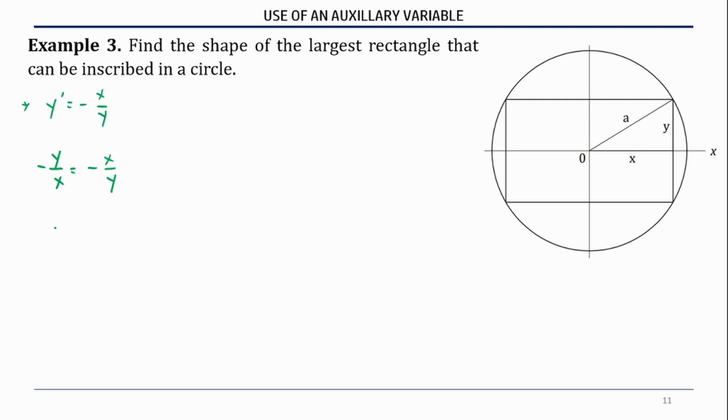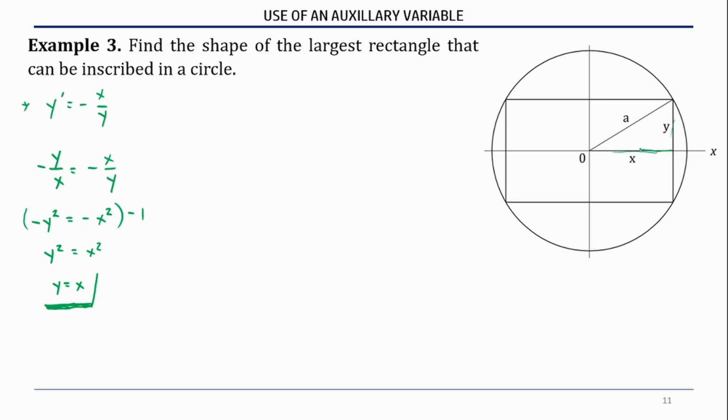So, simplify natin. We have negative y squared is equal to negative x squared. Tapos, multiply both sides by -1, makakancel yung negative sign. So, we have y squared is equal to x squared. So, y is equal to x. So, yung largest na rectangle na pwedeng i-inscribe sa ating circle ay dapat yung x and y values ay equal. So, ibig sabihin, itong x dito, tsaka yung y dito, dapat equal sila.